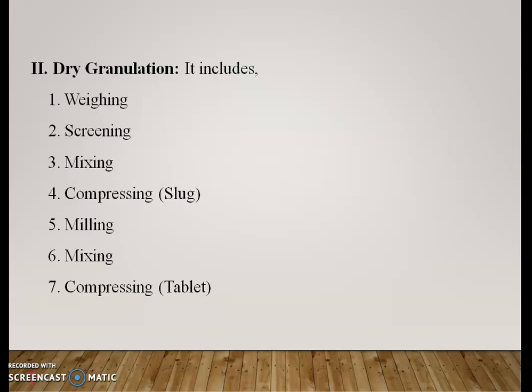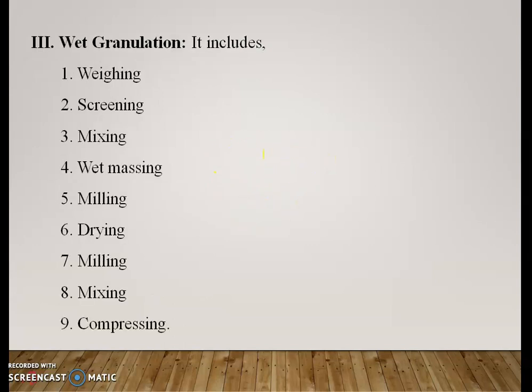Here we are using two compressions: the compression into the larger tablet, that is the slug. That's why the method is also called slugging. Dry granulation is also called slugging. And finally, we get the compression into the final tablet of the desired size.